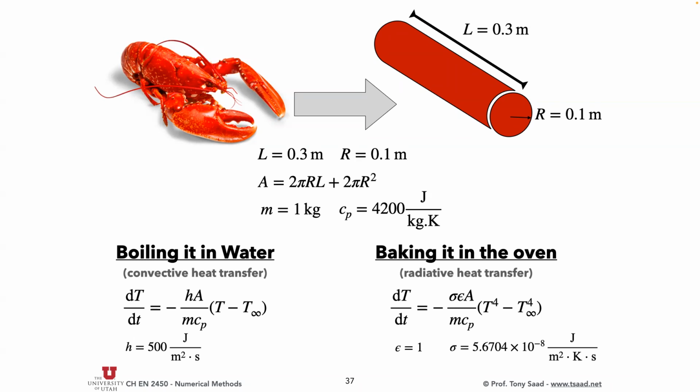But you have 2 degrees of freedom to play with here: the T infinity, or the boiling temperature of the fluid, and the heat transfer coefficient. Whereas putting the lobster or the eggplant in a radiative heat transfer environment, you only really have control over this T infinity, the radiating temperature. That's when you set your oven to, for example, broil or bake at 350. That's that temperature.